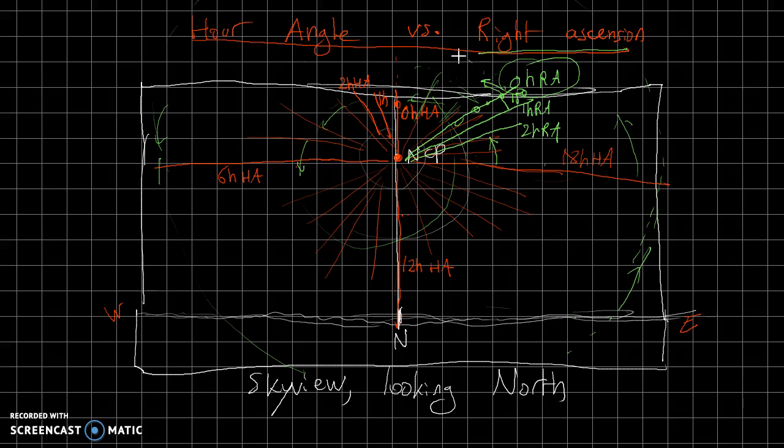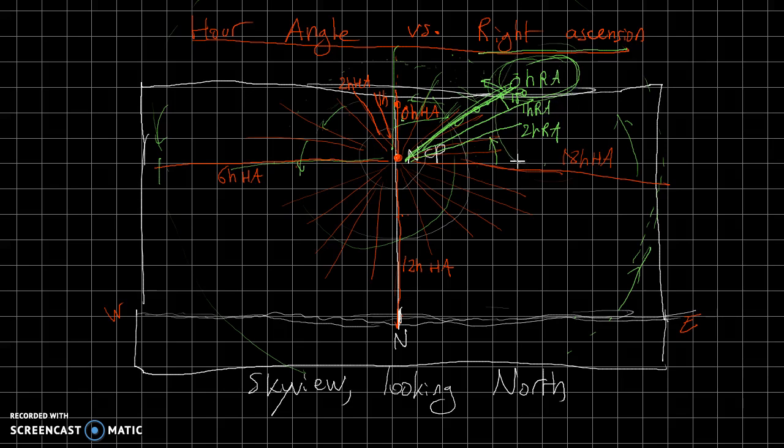A couple of hours from now, this meridian of right ascension will be here at the 0 hour angle. So the 0 hour right ascension will temporarily coincide with the 0 hour angle. And then we'll continue on, and 6 hours later, this 0 hour right ascension line will be here.